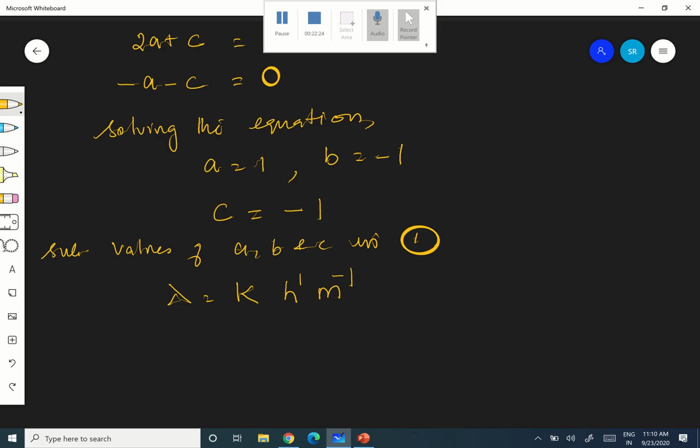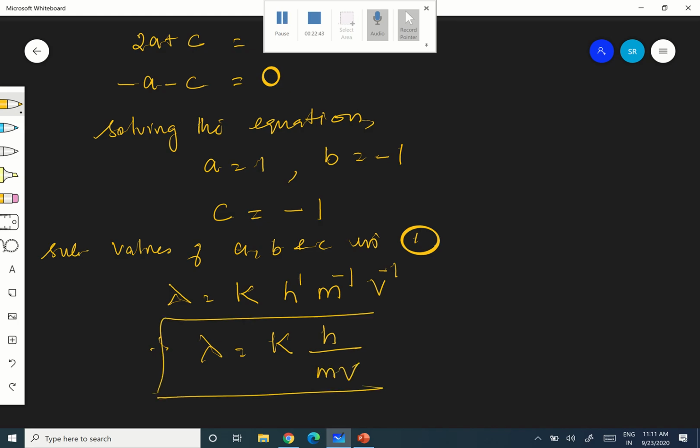And v power c, c is minus 1. b and c are minus 1 now. Therefore, you will be getting lambda is equal to k h by m v. Are you following, children? Is it clear? Very simple.